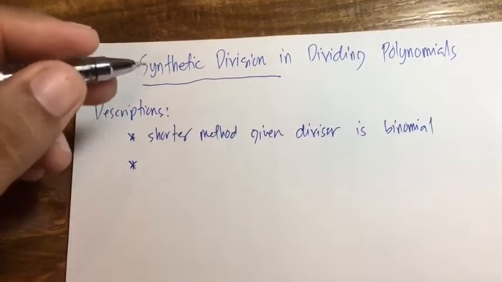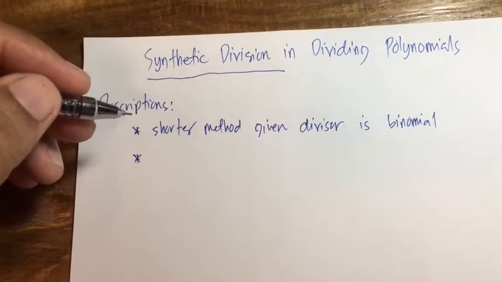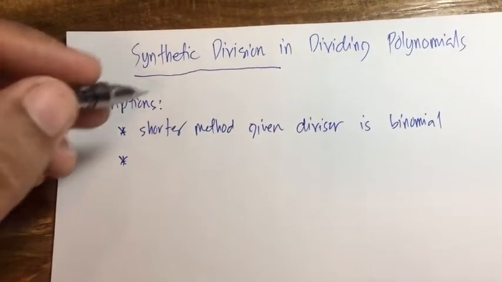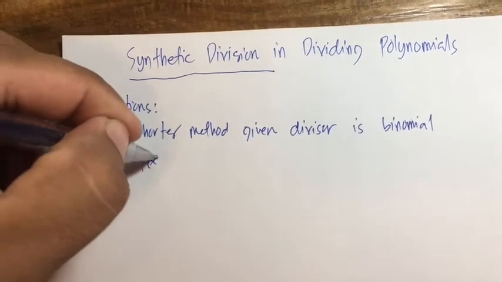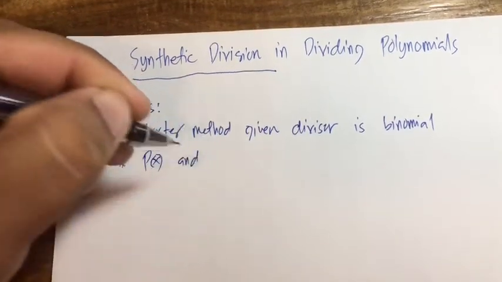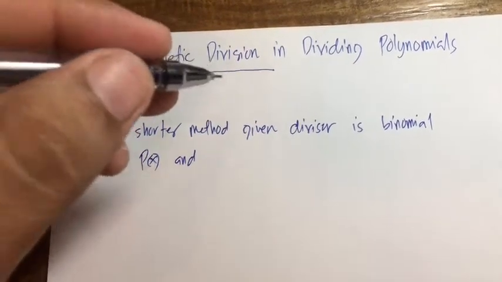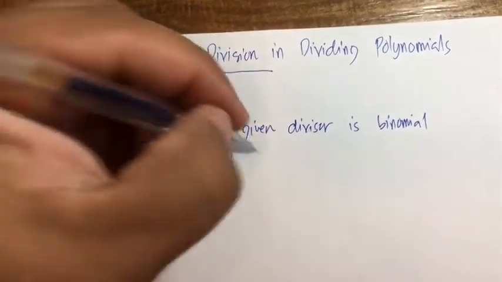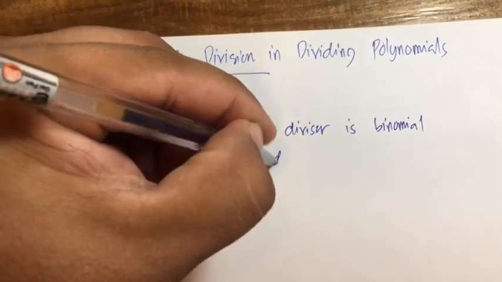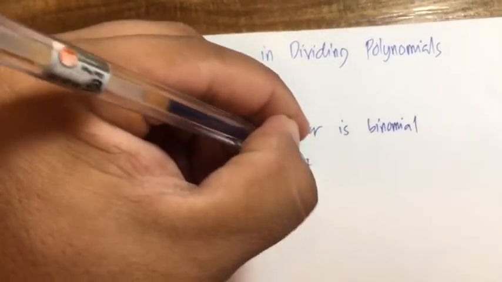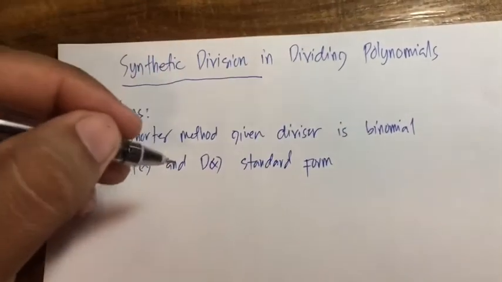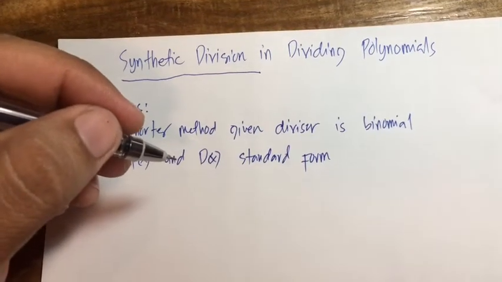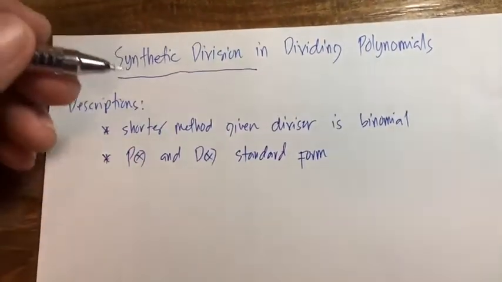Next description: the dividend, say p of x, and our divisor, say d of x, are in what? They are in standard form. Meaning to say, they are in descending power of x.